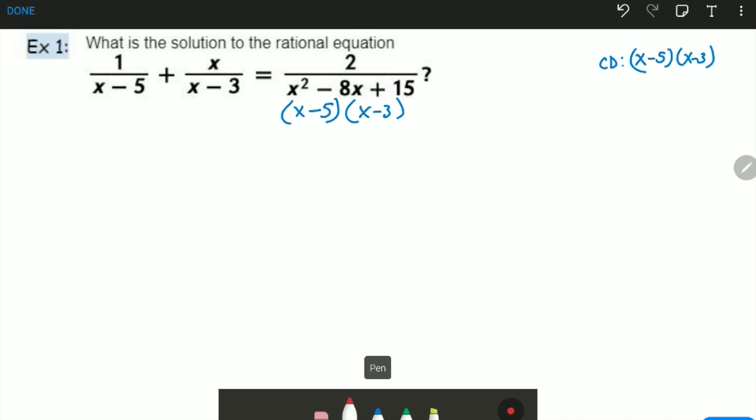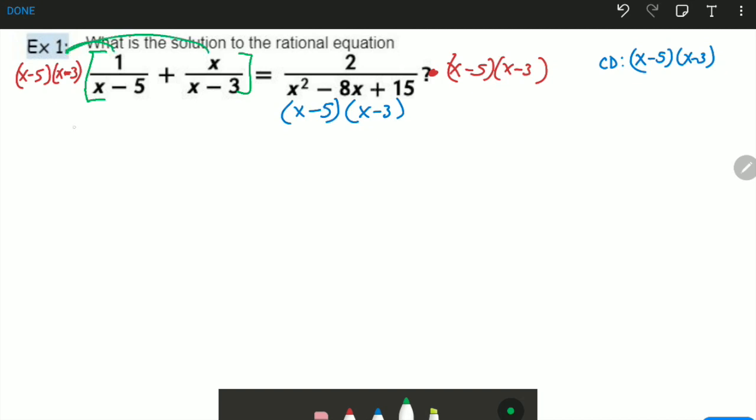And to finish off the first step, we shall multiply both sides by that x minus 5 and x minus 3. However, with this left side, we're going to have to multiply both fractions by that common denominator. So we will set it up like that, and then have to distribute it through.